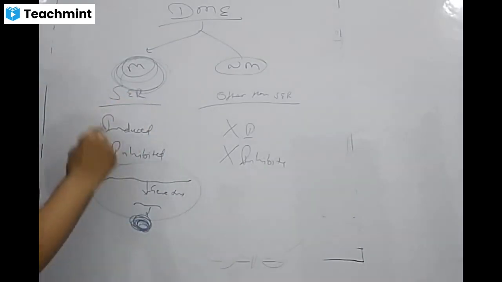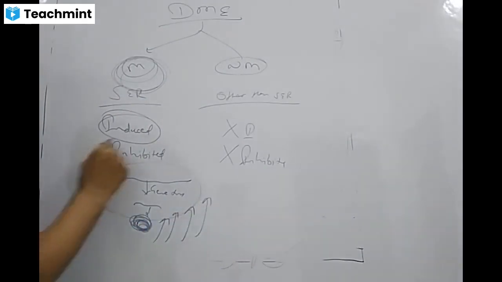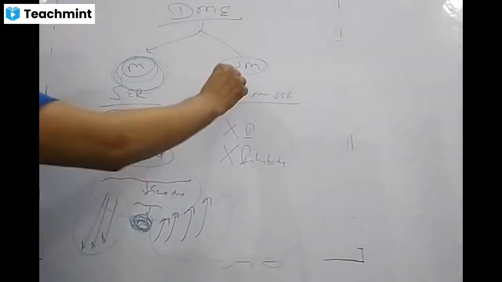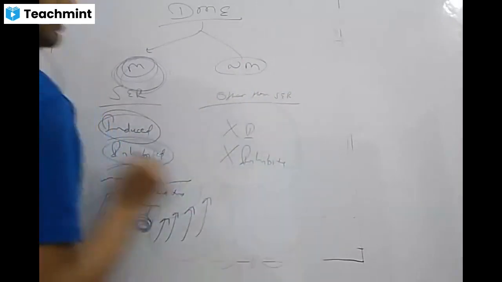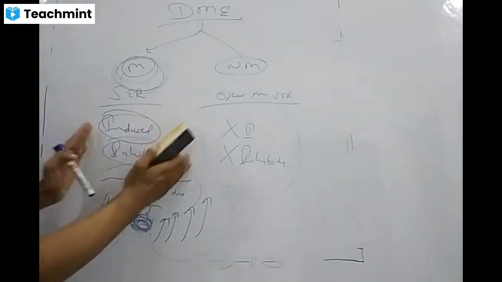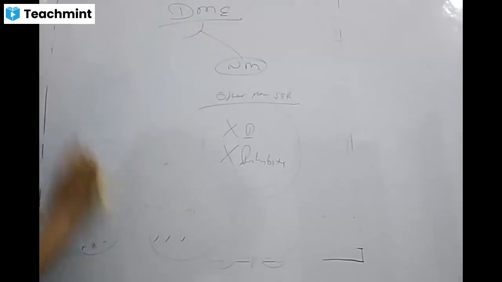So microsomal enzymes can be induced, meaning their number can be increased. They can be inhibited, meaning their number can be decreased. But non-microsomal enzymes are neither induced nor inhibited.